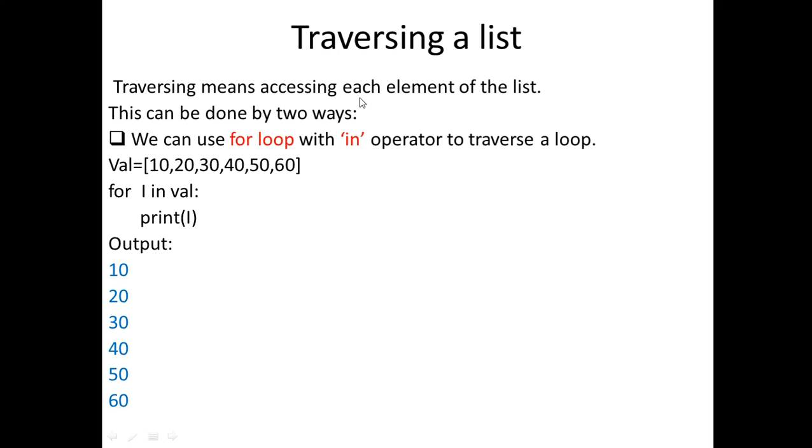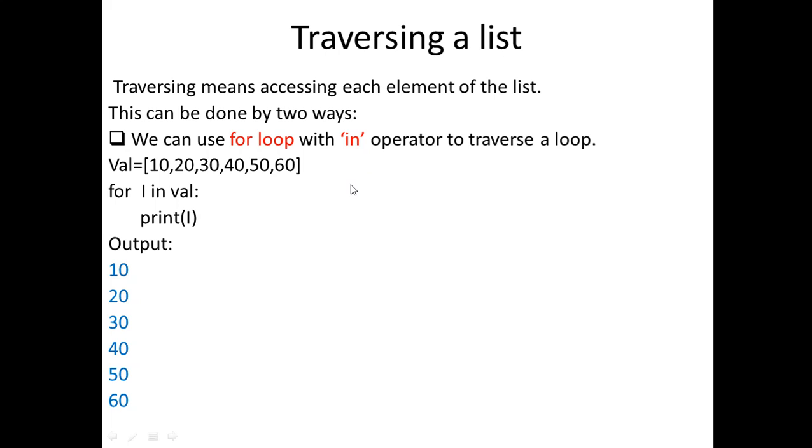Next term is traversing a list. Traversing means accessing each element of the list, one after another. Individual elements can be accessed by mentioning the list name and, in square brackets, the index number.